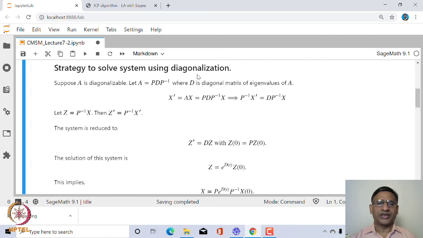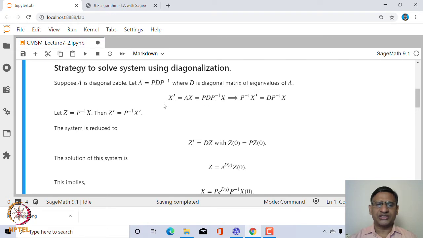Then we can write A as P into D into P inverse, where D is the diagonal matrix of eigenvalues, and P is the matrix which diagonalizes A. In this case, what is x dash? x dash is Ax, which is P D P inverse x, and if you multiply both sides by P inverse, then you get P inverse x dash is equal to D into P inverse x.